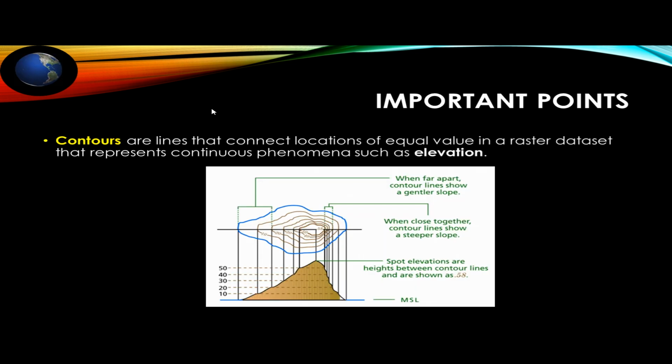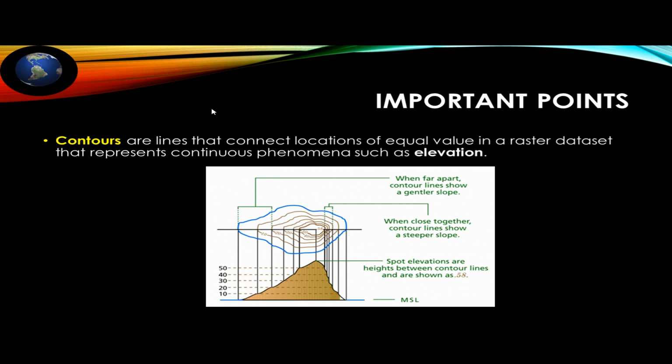Okay. So now, contour lines. Contour lines are the lines that connect the locations of equal value in raster data. It can be elevation, or a digital surface elevation profile.